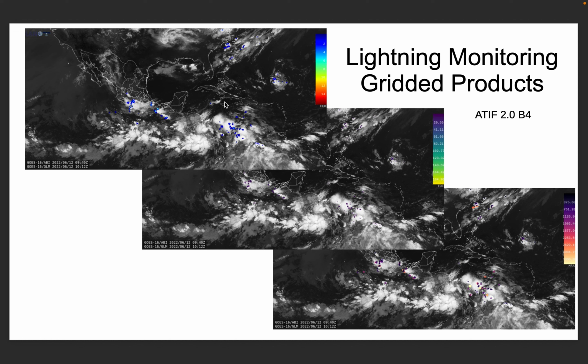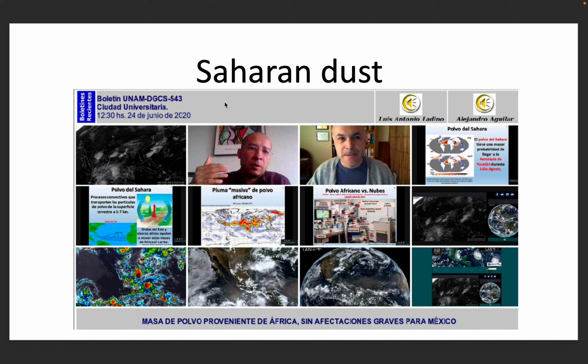The Saharan dust. This was from a conference 2 years ago, because it was a particularly strong storm from Africa, and you can see here the sand coming from Africa to Mexico.